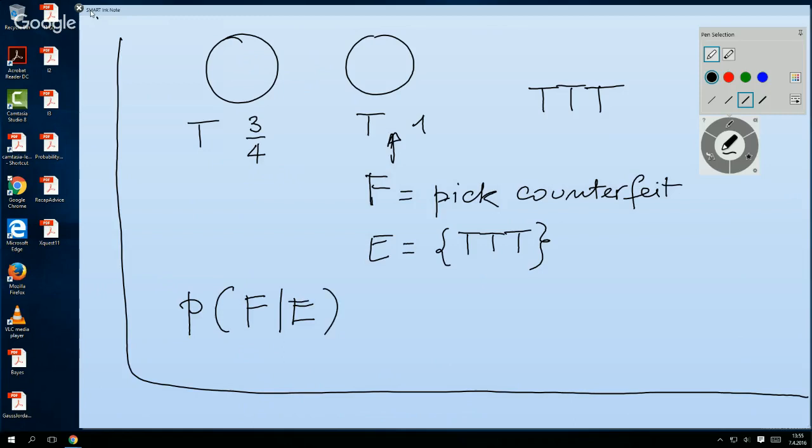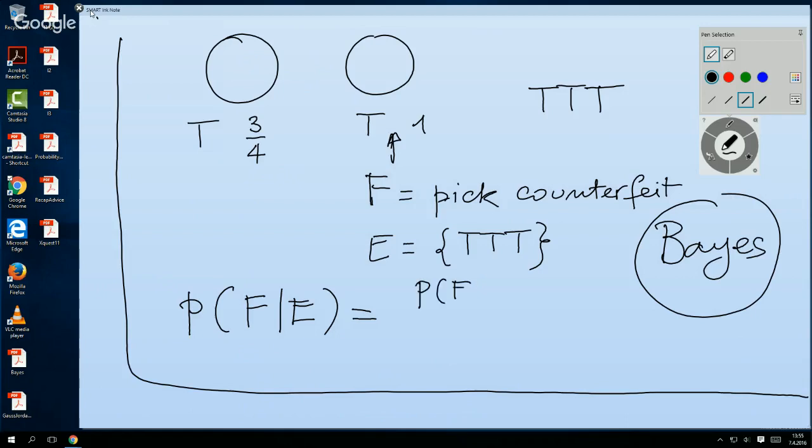Who are we going to call to solve this exercise? Bayes' theorem. We call Reverend Bayes. Spiritic session. Bayes from the textbook tells us that this is nothing but the probability of F times the probability of getting E given F, divided by the probability of getting E, which you know how to expand and calculate.